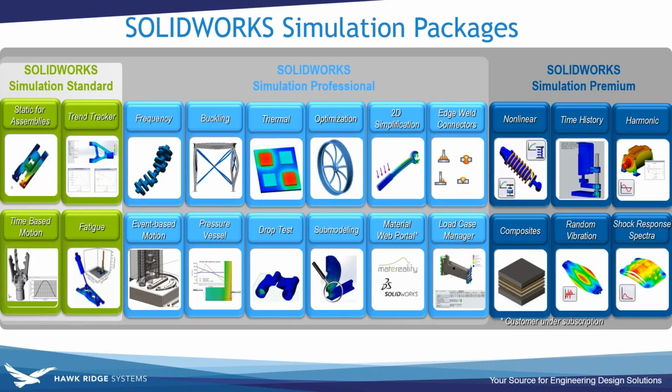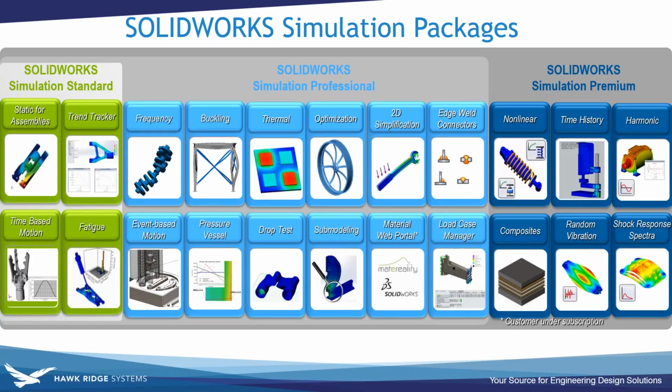You get a linear static analysis for parts and assemblies. Moving up the chain, you get Simulation Professional, which is the middle section. In the light blue, you get the light blue and the green capabilities as well, where we're giving you more study types depending on what you're after, such as a frequency study, telling you things like the mode shapes or what the natural frequencies are of your part and structure, or a thermal study where you're seeing how hot your component is getting, what the temperature distribution is.